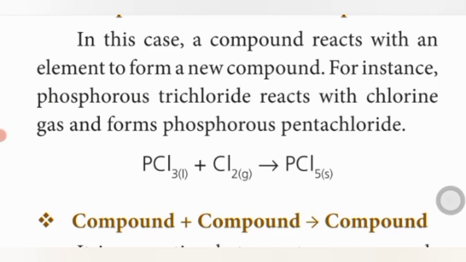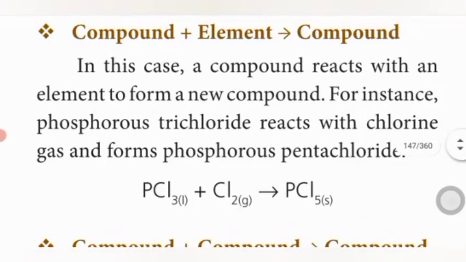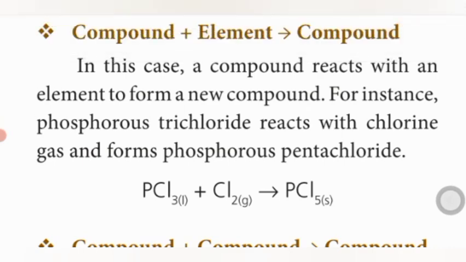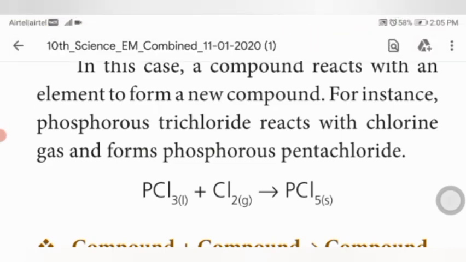PCl3 is a compound, Cl2 is an element, PCl5 is a compound. This is the second type of combination reaction: compound plus element gives compound.